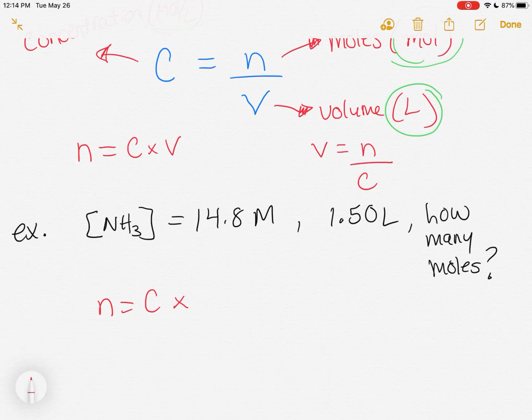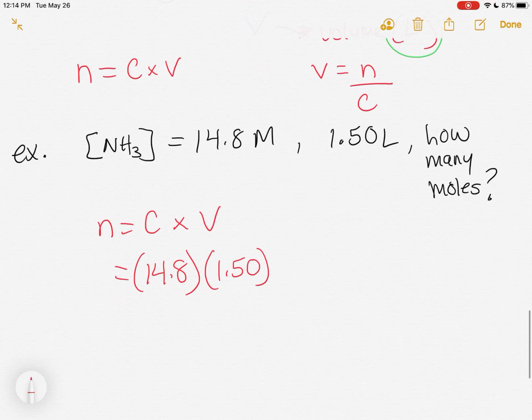Moles is going to be concentration times volume. So we have our concentration of 14.8, that's in moles per liter. And then our volume is in liters, 1.50. So we get moles of 22.2 moles.